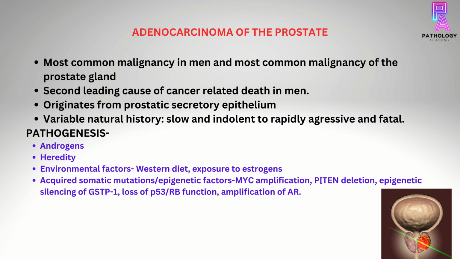Talking about the pathogenesis of adenocarcinoma of the prostate, there are certain factors implicated, which include androgens, hereditary factors, environmental factors like Western diet, exposure to estrogens, and acquired or somatic mutations or epigenetic factors like MYC amplification, PTEN deletion, epigenetic silencing of GSTP1, loss of P53 or RB function, and amplification of AR.